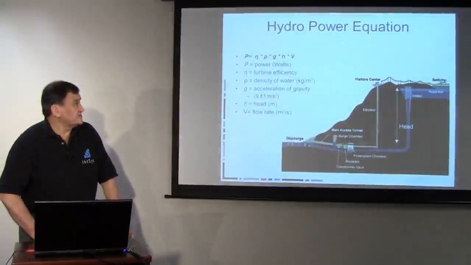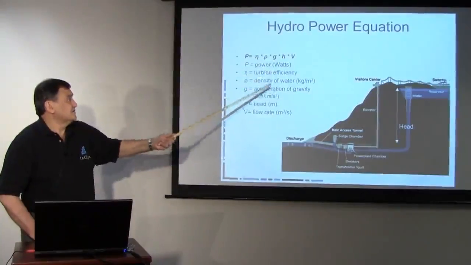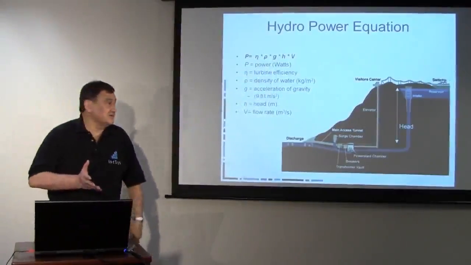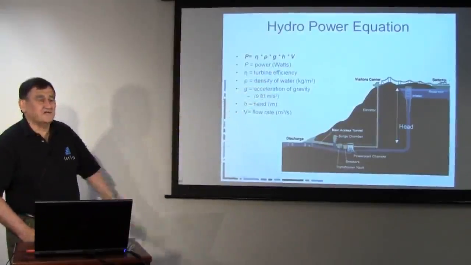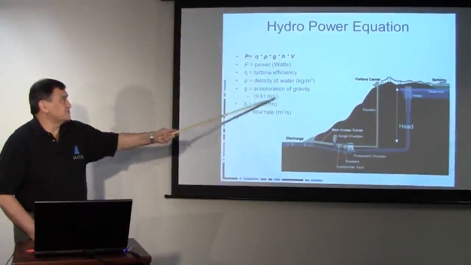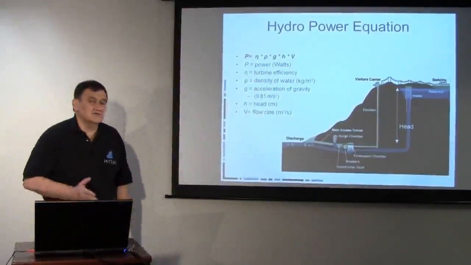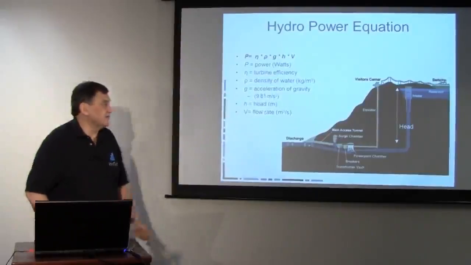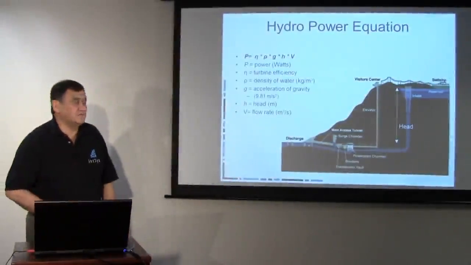The basic equation for the generation of power in megawatts or in watts is the efficiency of the turbine times the density of the water and the acceleration of gravity. These two variables we can't really change, but what we can change is the head. So as an operator, you have to be aware that depending upon the height of your reservoir, you may have a greater capacity.